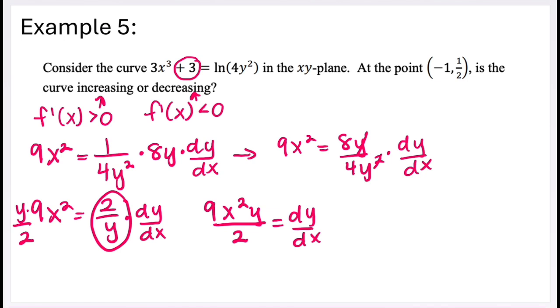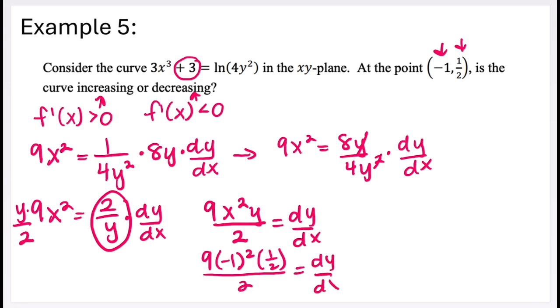All right, so here is my derivative. Now I'm going to take my point. I'm going to plug -1 in for x, and I'm going to plug 1/2 in for y. So I'm going to have 9 times -1 squared times 1/2 over 2. Now, I'm not really interested in the actual value of this. I'm just interested in if it's positive or negative.